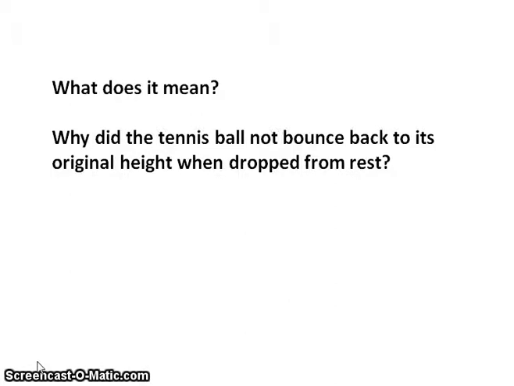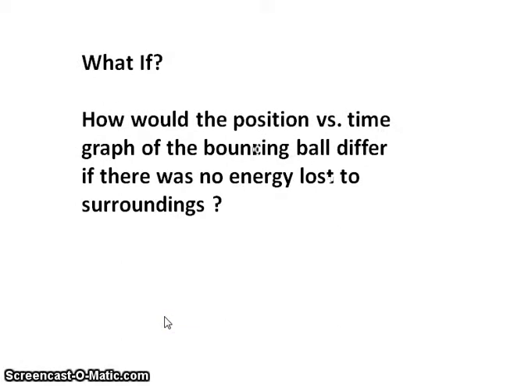So it does lose energy in its reascent. And how would the position versus time graph differ if there was no loss of energy to the surroundings? Well, if there was no loss of energy, then we would have a continuously bouncing ball.